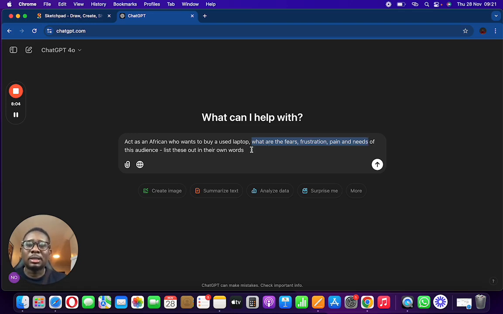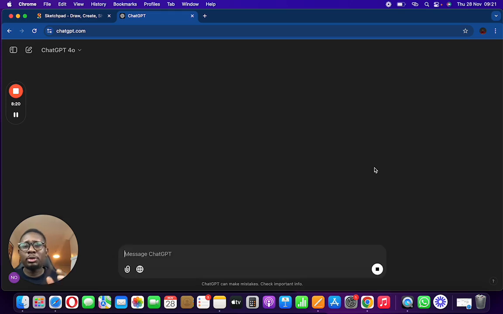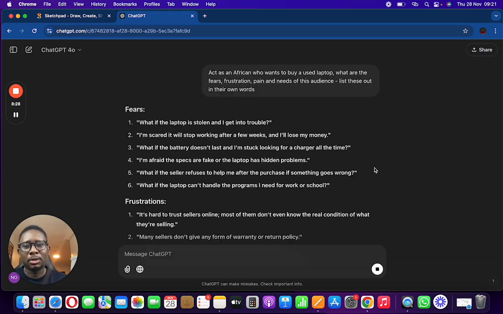And then the third component of this prompt is list this out in their own words, because we want to be sure that we're actually getting this information in the words that people search the internet with, exactly the way they did that search. All right, so that's exactly what we are going to do with ChatGPT. I'm going to put it in. Let's see what happens. Good.